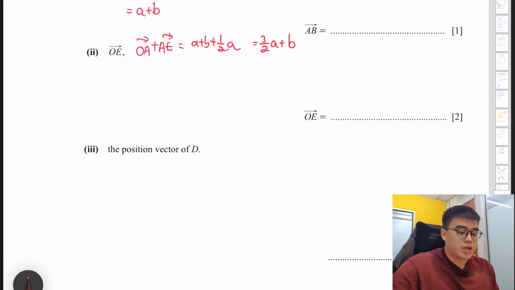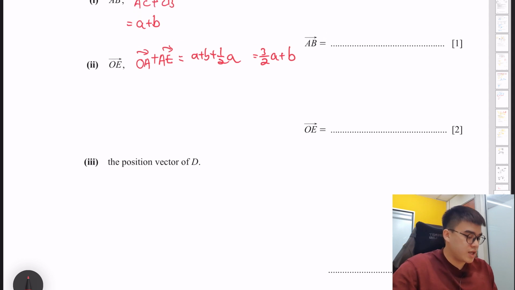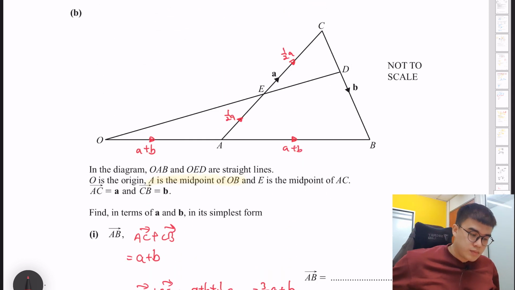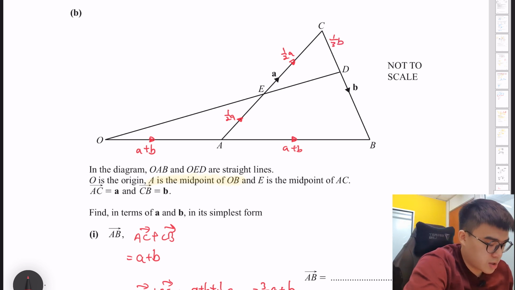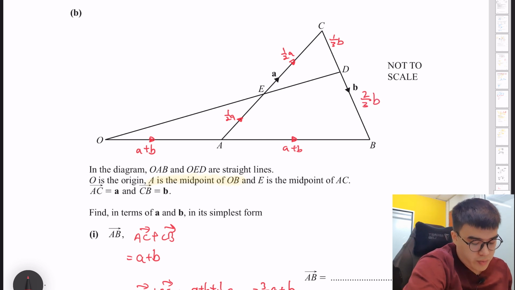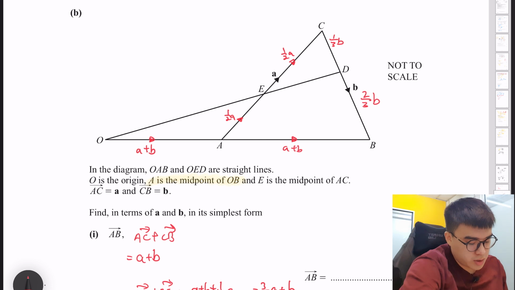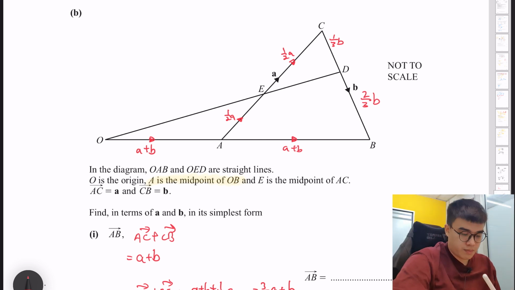As for part 3, they wanted the position vector of D. So by looking at it, you should know that CD is actually 1/3 of b, while DB is actually 2/3 of b. So with all this information, you add everything up.